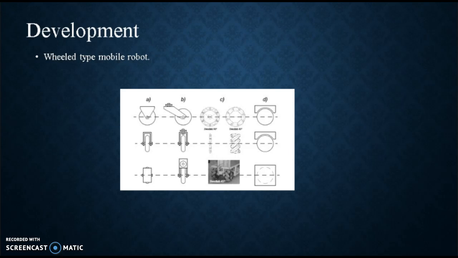Thus more than 3 wheels are used in this type of robot. A suspension system is required to allow all the wheels to maintain ground contact.